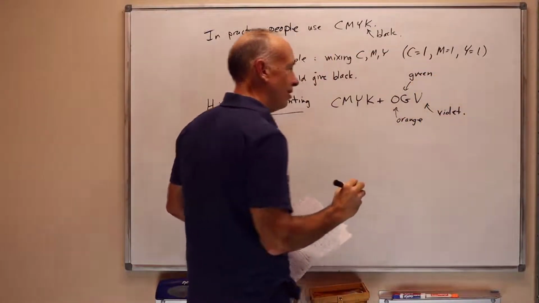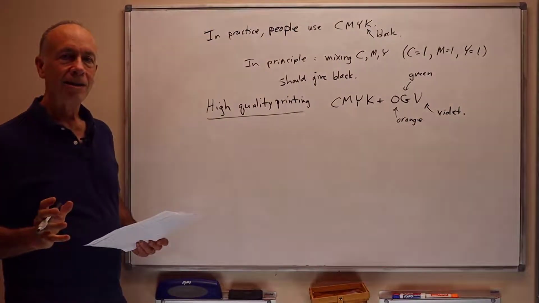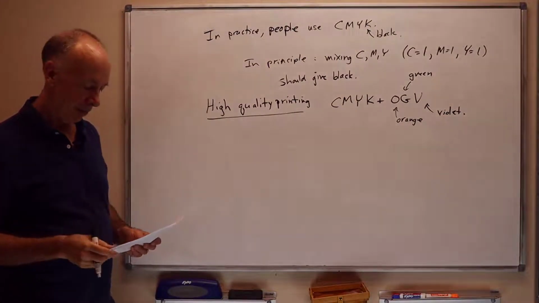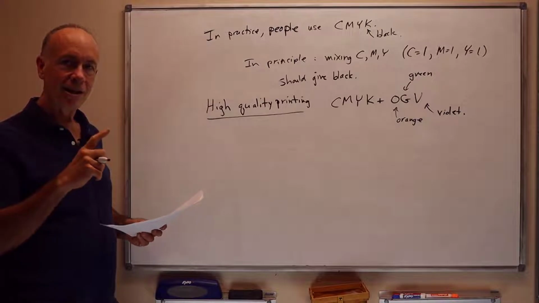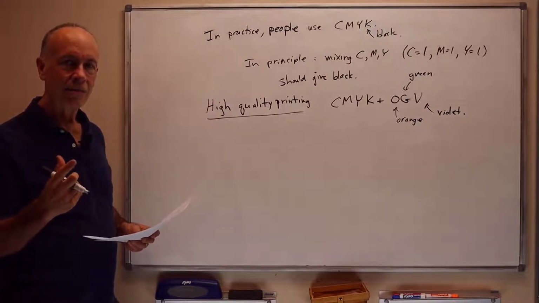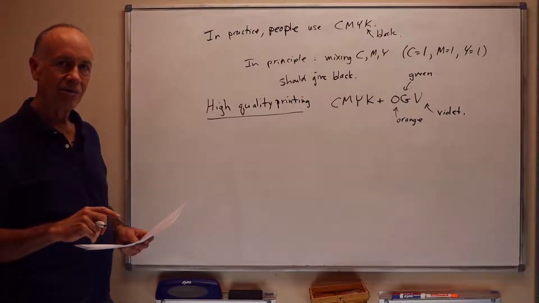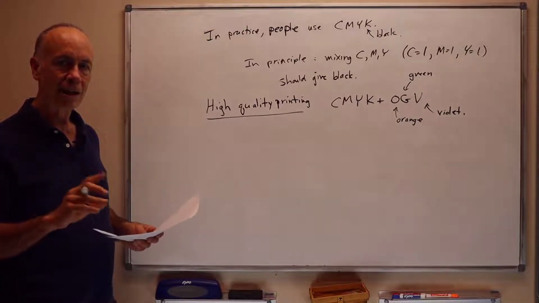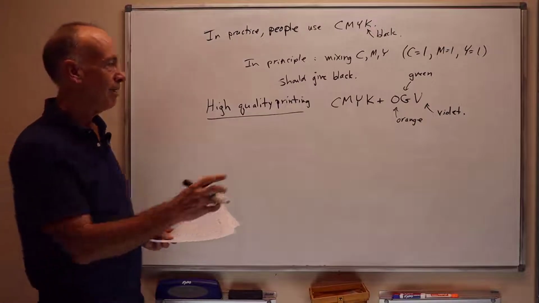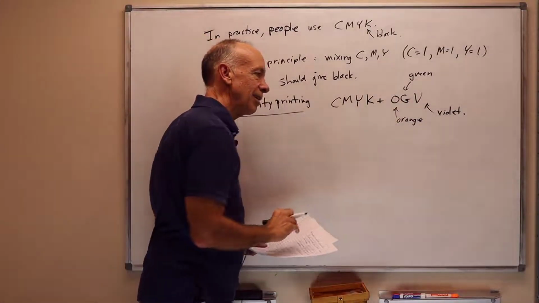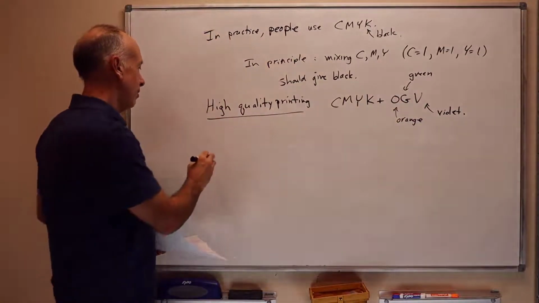And this gives the printer the ability to generate a lot more different colors. If you recall before, we saw that triangle. I'll show it to you again in a moment here. We saw that triangle, with corners labeled red, green, and blue, and it didn't cover the entire visible space. By using more colors, OGV, you can color more of the visible space.